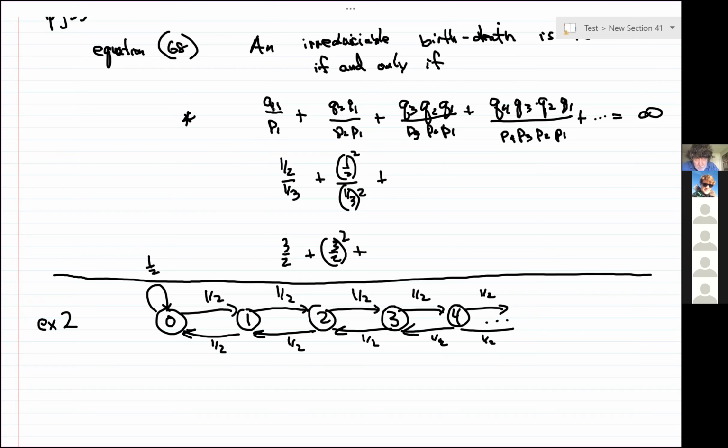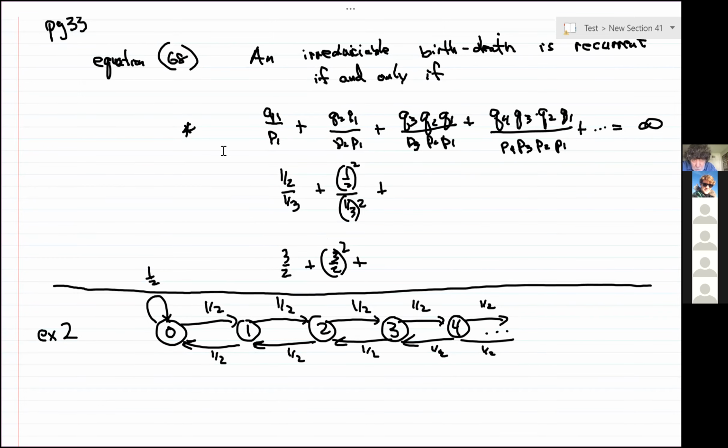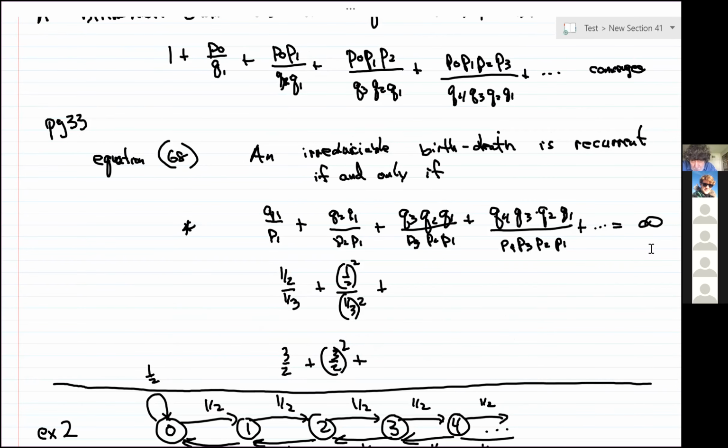But if the P's and the Q's are the same, you're just getting a 1 here. 1/2 divided by 1/2 is 1. And this would be 1/2 squared over 1/2 squared. That's another 1. So you're adding 1 to 1 to 1 to 1. How often? Infinitely often. So the sum is infinite, which means what? According to this characterization from chapter 1, this sum being infinite means the chain is recurrent.